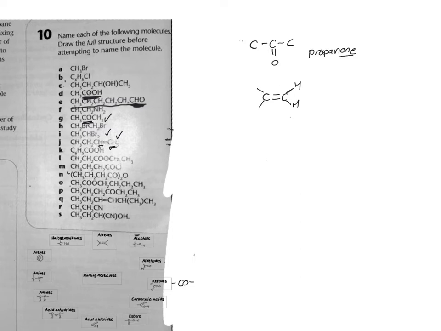We've got an H. And here we've got a CH3, CH2. So that is 1, 2, 3, 4. So it's a but, and the double bond is between carbon 1 and carbon 2. So it's but-1-ene.